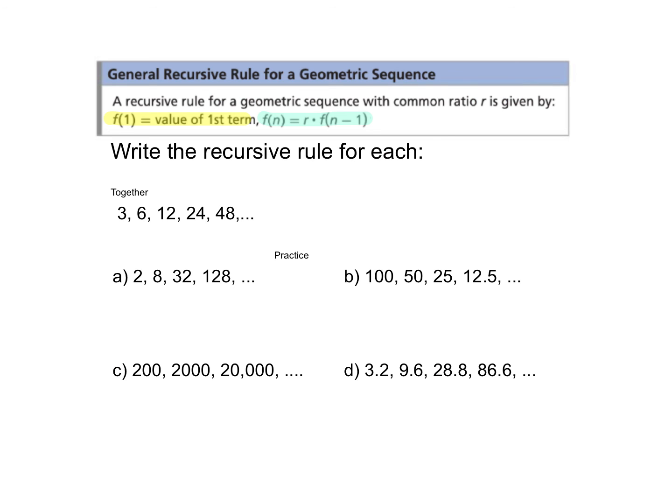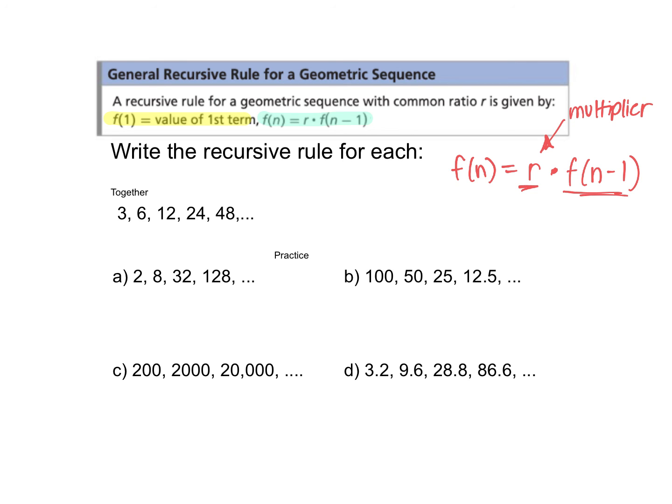All right, so here is the actual recursive rule that you want to write for a geometric sequence. Here is what it looks like. To find the value of any term, we have r times the term before. They call that the common ratio, or the multiplier, r in this case. So basically, you're multiplying whatever the previous term was.